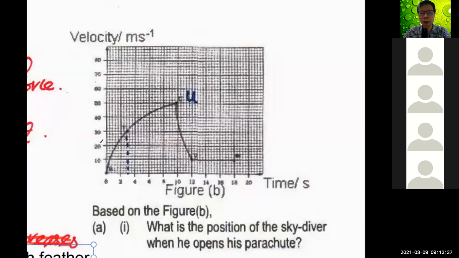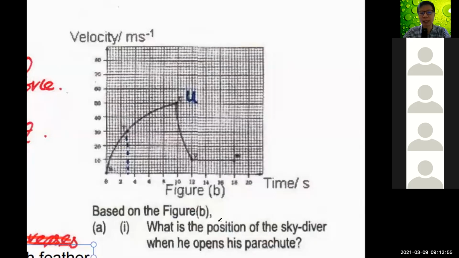So the gradient shows the acceleration. Here the acceleration is high, here the acceleration is less. So this is decreasing acceleration. And then here is deceleration because the velocity is getting smaller, so it decelerates.